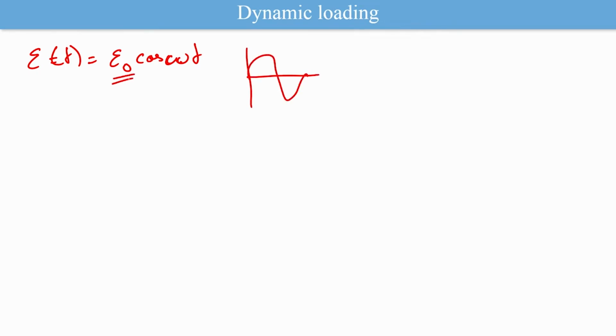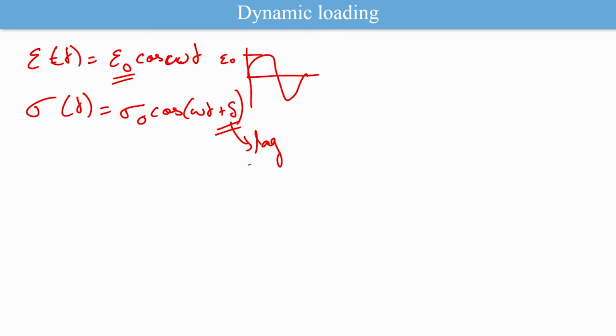Now, this is the peak strain that we apply. It is observed that the stress that is developed in the material, sigma of t, is equal to sigma 0 cos of omega t plus delta, where delta is a lag.